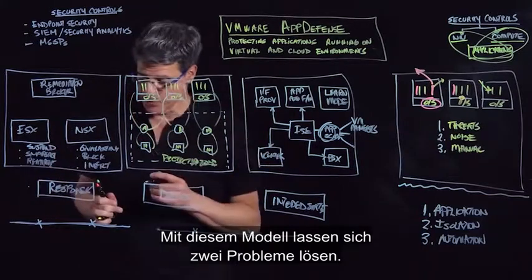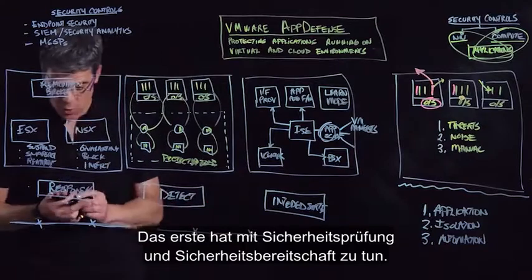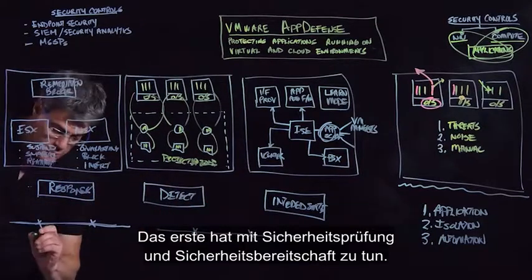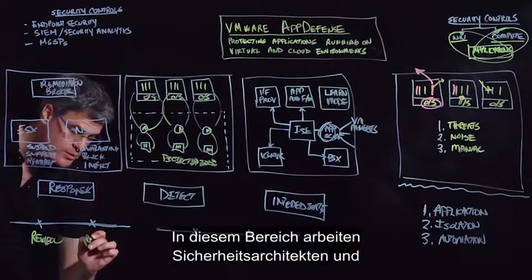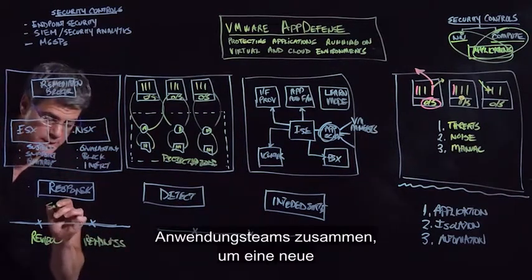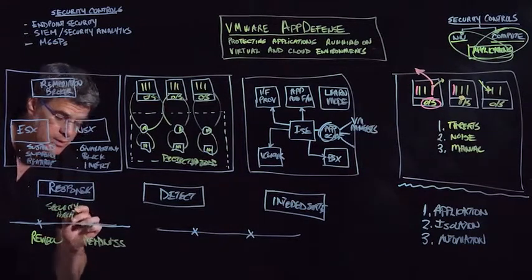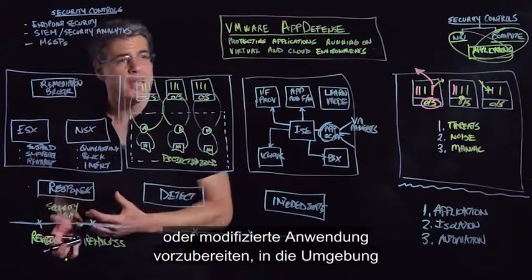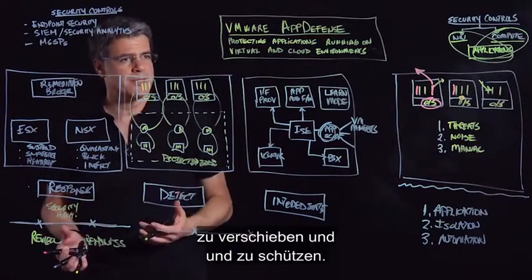Now, the way it's used is really in two halves of a problem. The first is security review and readiness. This is where security architects work with the application teams to get ready for an application that is new or being modified to move into the environment, and to be able to protect it.